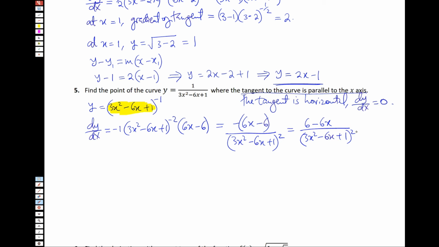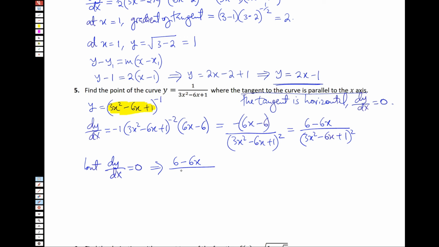But we know that this is supposed to be equal to 0, yeah? But dy over dx is equal to 0. So what that means is that we need to equate our gradient to 0. So that means 6 minus 6x, the gradient function, sorry.